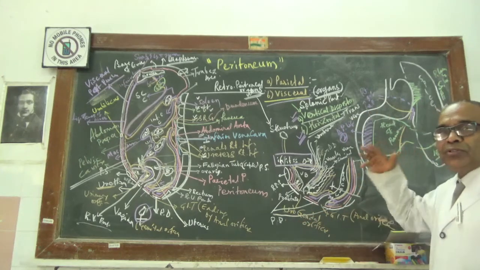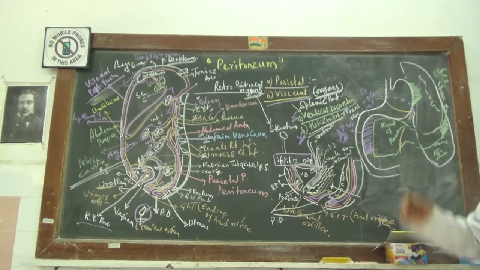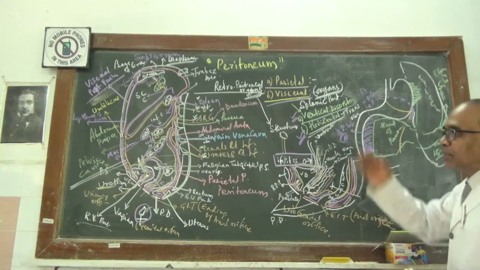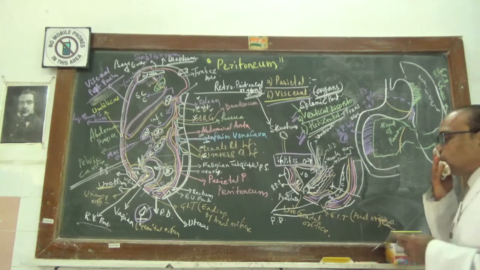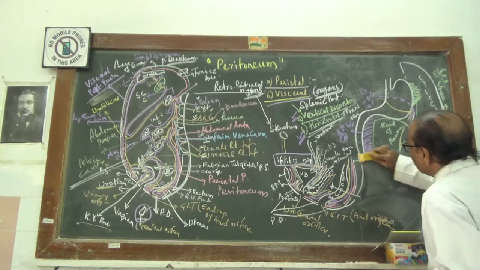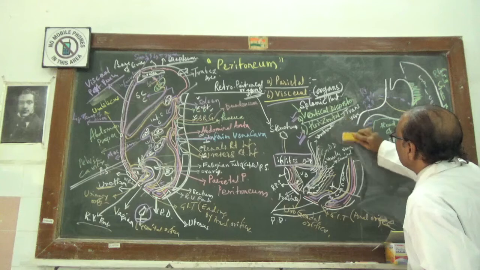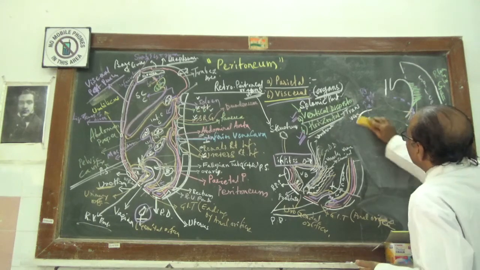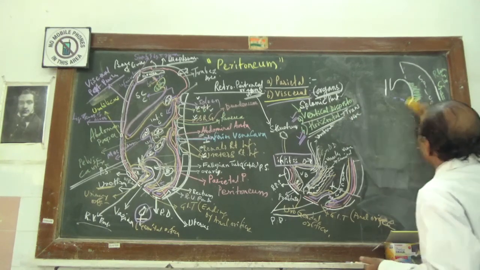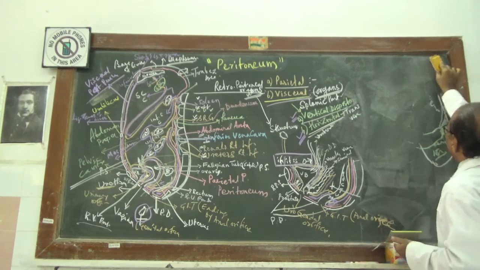You can put either transverse or horizontal, that suffices. So this will be the other horizontal disposition of the visceral layer of the peritoneum.